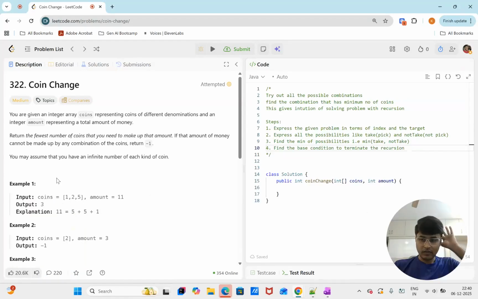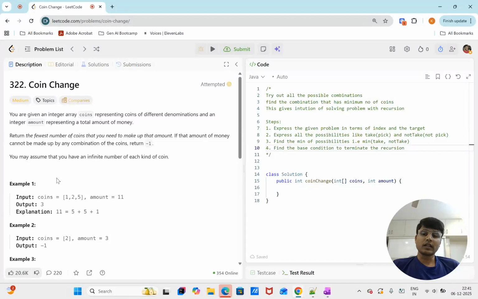So if we think about the first example given here, which has the input coins array as 1, 2, 5 and amount as 11, the output is given as 3. So with a minimum of 3 coins, we can make the amount 11, which is nothing but taking 2 coins of denomination 5 and 1 coin of denomination 1.